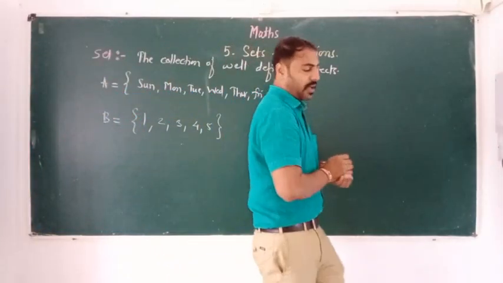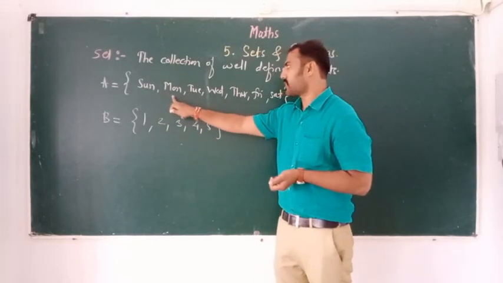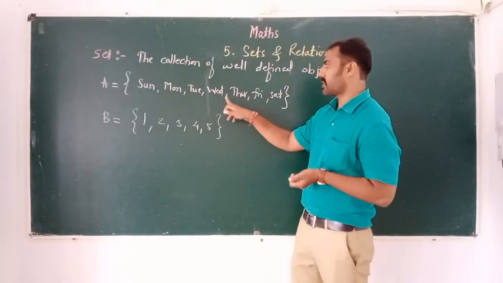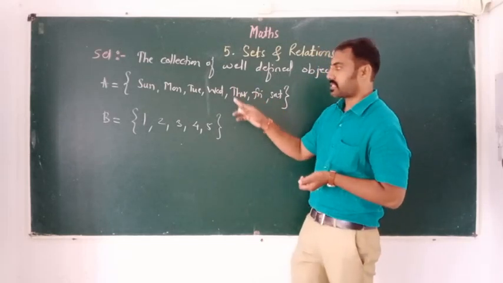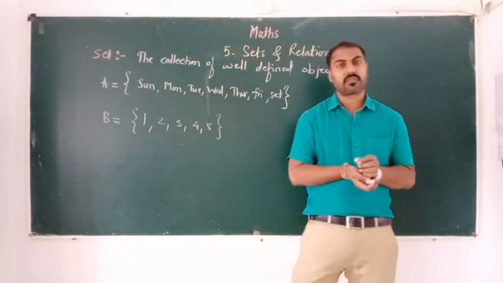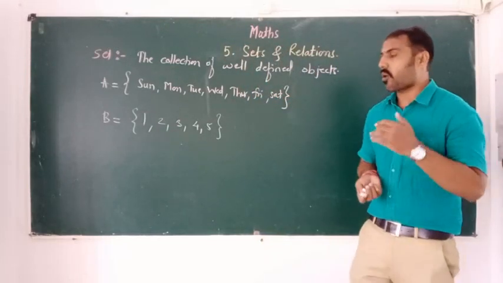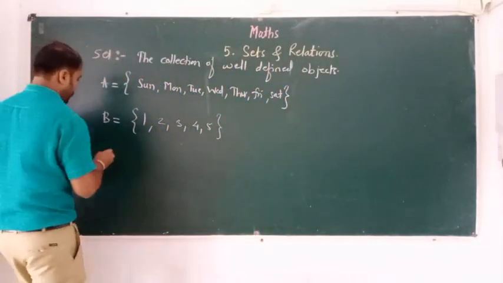Now, the objects: Sunday is an object, Monday is an object, Tuesday is an object, Wednesday is an object, Thursday is an object, Friday is an object, Saturday is an object of that set. 1 is an object, 2 is an object, 3 is an object, 4 is an object, 5 is an object. These objects in the set are called elements of the set.